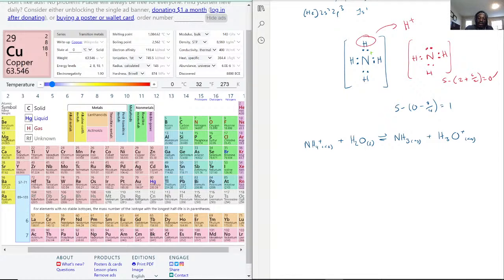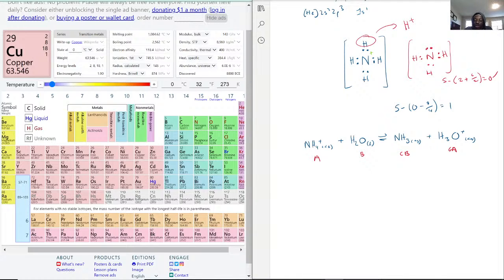So in this case, because it's losing a proton here, you can actually see that it's going to be its conjugate base. It's going to be the acid, and the water gains a proton, so it goes from a base to its conjugate acid, because the water is taking the proton from the ammonium ion.